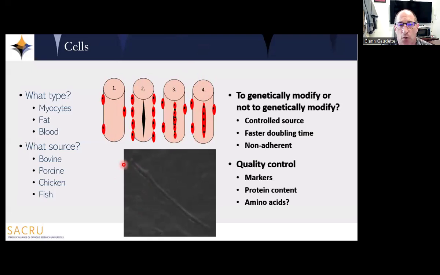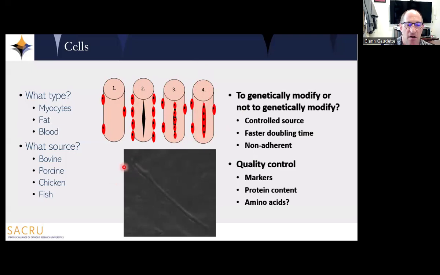And I guess one thing I should point out too is that skeletal muscle cells or myocytes are multinucleated, which means that they have multiple nuclei in a single cell. And that's what's shown schematically here in 1, 2, 3, and 4. The black dots are the nuclei inside the red cells, and they fuse together with the big cell shown up here in number 4.